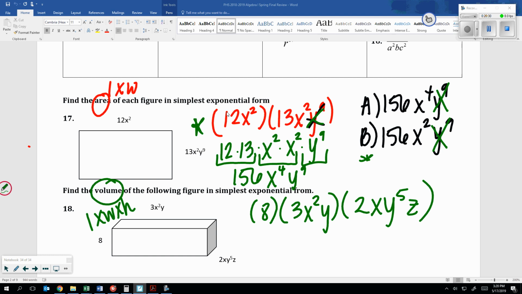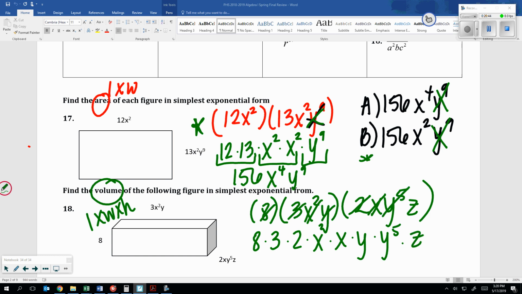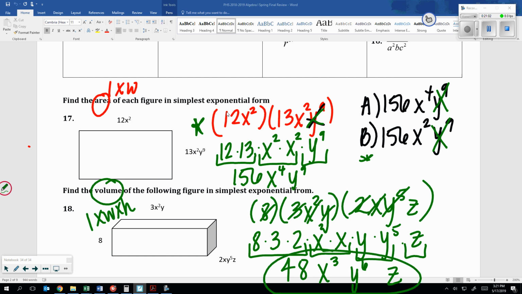If we did it mathematically, combining them, so 8 times 3 times 2, x squared, x, y, y to the 5th, and z. So 8 times 3 times 2 is going to give me 48. X squared times x gives me x cubed. Y times y to the 5th gives me y to the 6th. And I still just have a z. So then there's my answer. Okay.